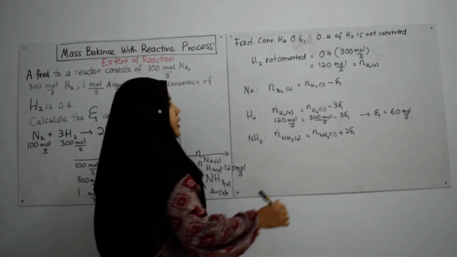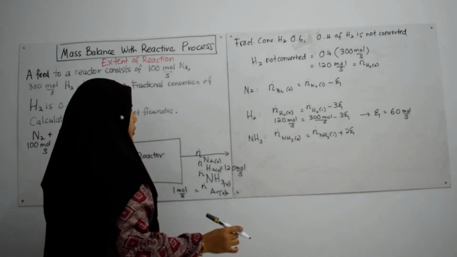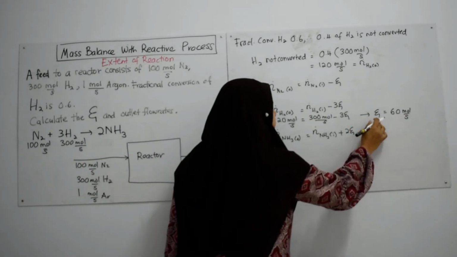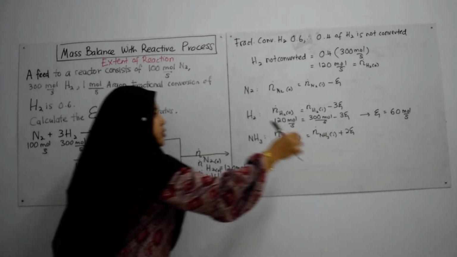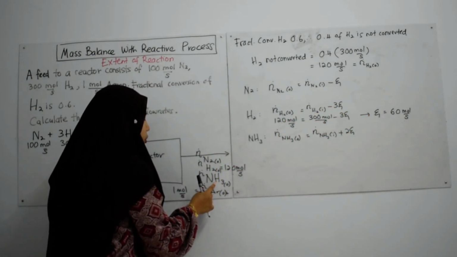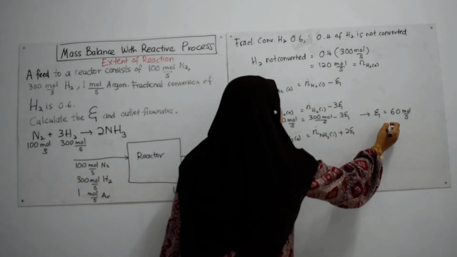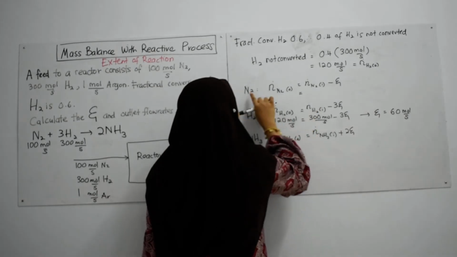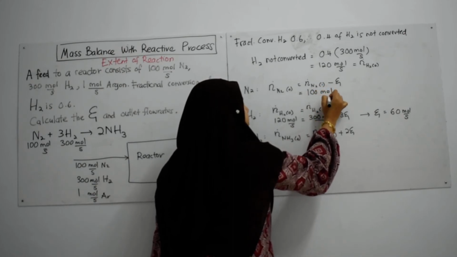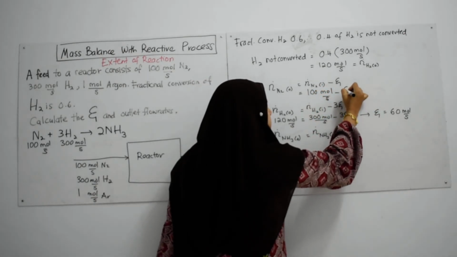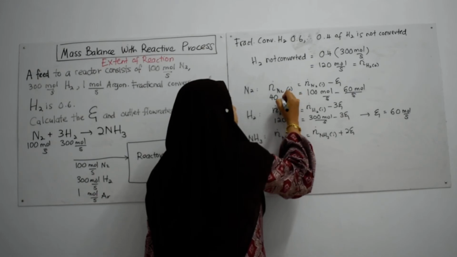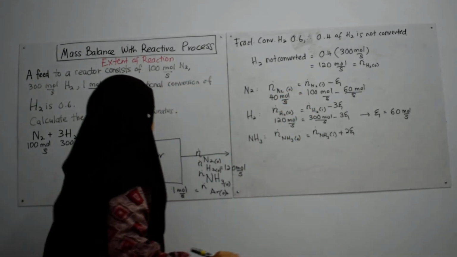Now you get your extent of reaction already, so now we need to get your outlet nitrogen, 40 mole per second.